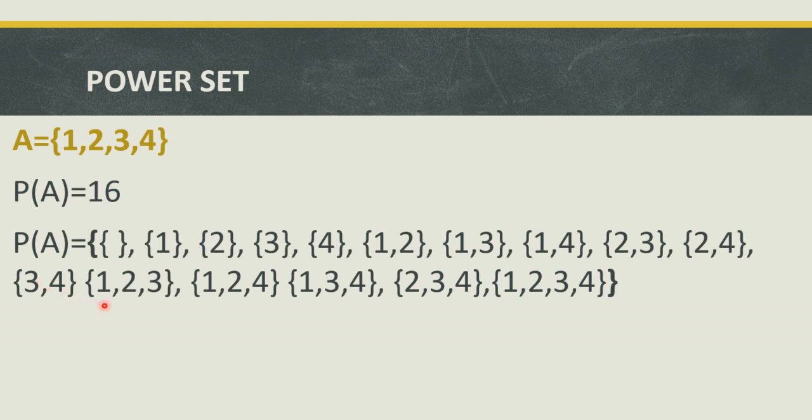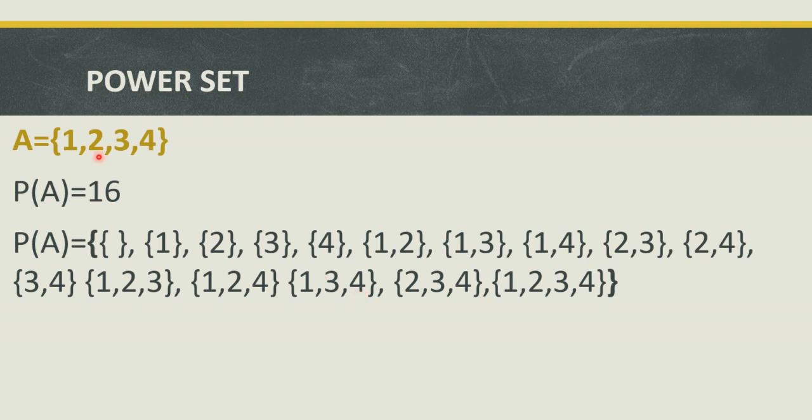After 2 elements, we will take 3 elements together. First we take the first, second and third elements, so we write 1 comma 2 comma 3. First we keep 1 and 2 fixed, so we write 1 2, and with 1 and 2 we take 3, and with 1 and 2 we take 4. After this we keep 1 and 3 fixed, so we write 1 3, and with 1 and 3 we take 4.